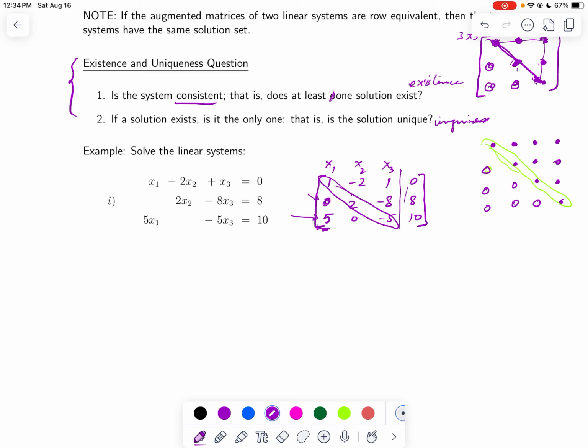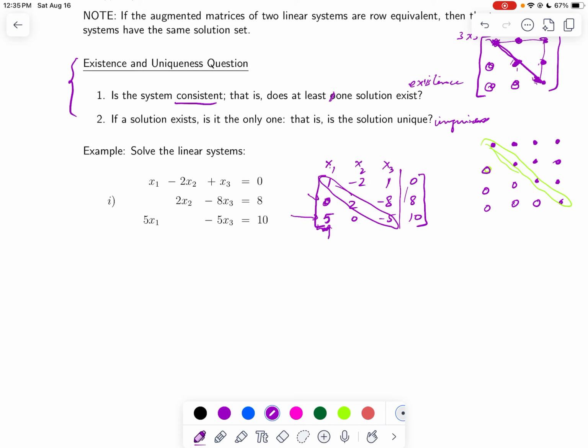I cannot make it zero by multiplying by anything because we are not allowed to multiply by zero. The only choice remaining is the third operation, which was adding a multiple of another row to the third row.